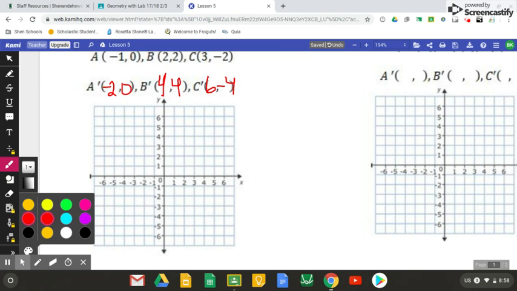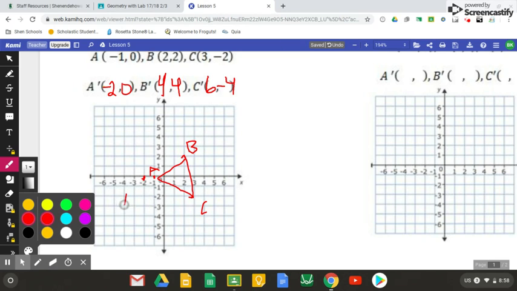I'm just going to go ahead and graph these two shapes just so we can see what it looks like. So I got -1, 0 right here. B's at 2, 2. That's right here. And then I got 3, -2 down here. See? So there's my first shape. And then I got -2, 0.